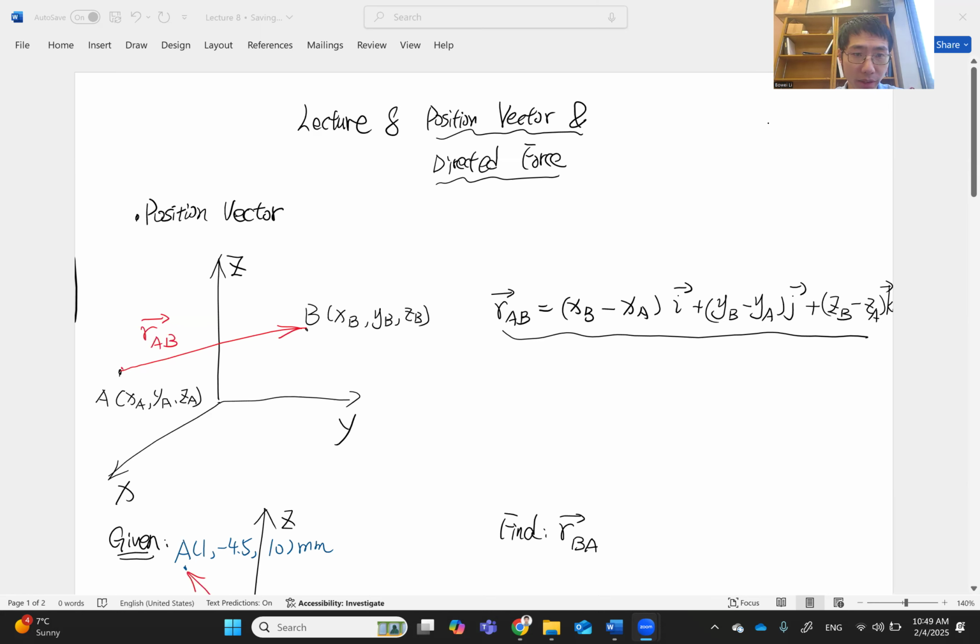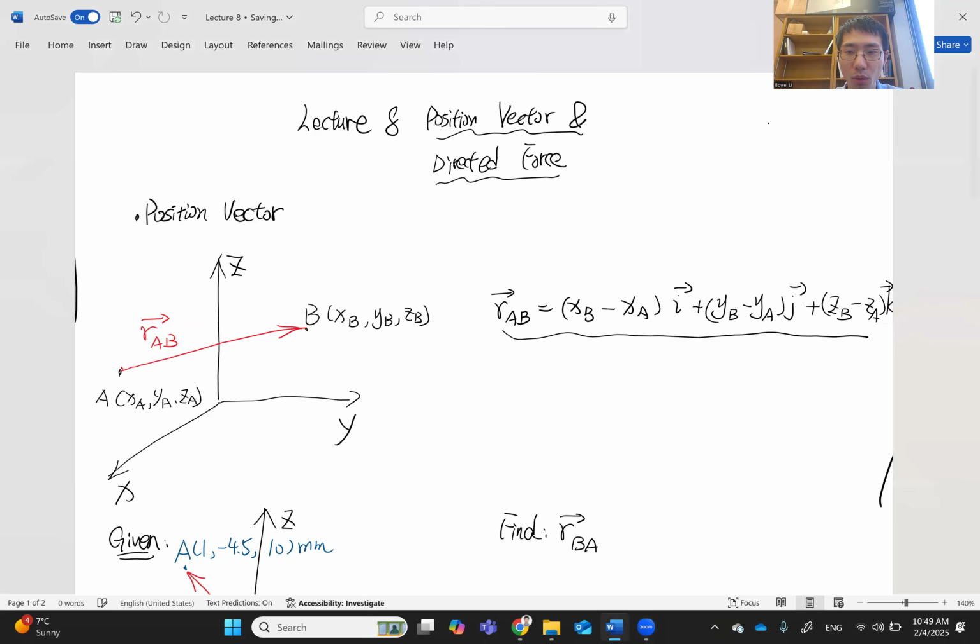But in reality, that kind of information is inherently in the geometry of a structure system. So how can we relate the geometric information with the direction of forces? That is the reason why we are talking about position vector and directed force here.